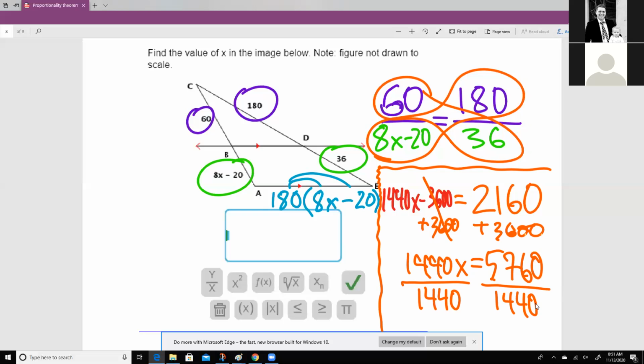And 5,760 divided by 1,440 is 4. So x is 4. And we're just solving for the value of x. So we're done at that point.